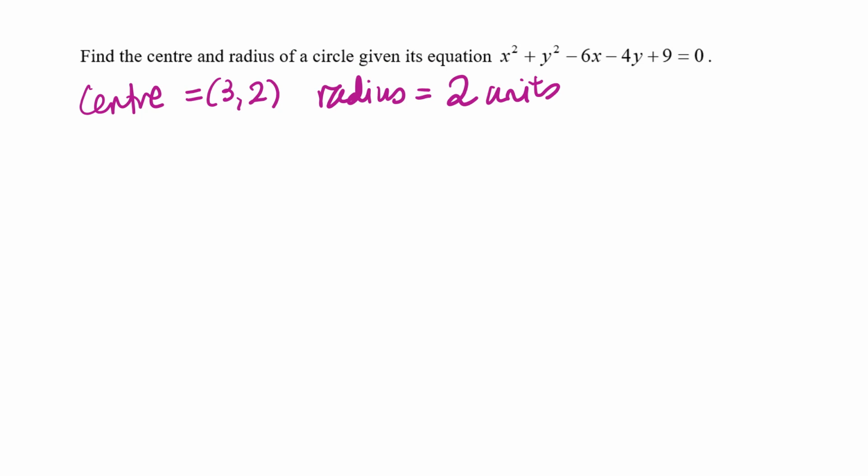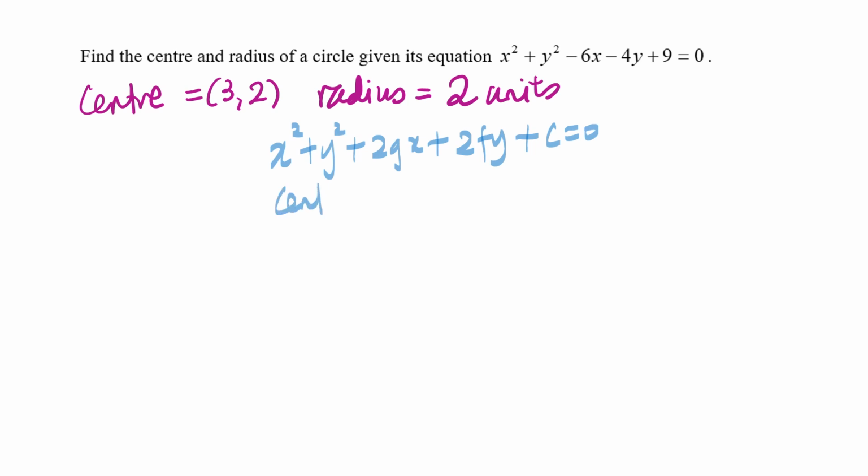From the earlier slides, when we used completing the square, we managed to find the center of the circle to be 3, 2, radius 2 units. Now we're going to use the general form and see if we can get the same answer. So the formula is x squared plus y squared plus 2gx plus 2fy plus c equals 0.